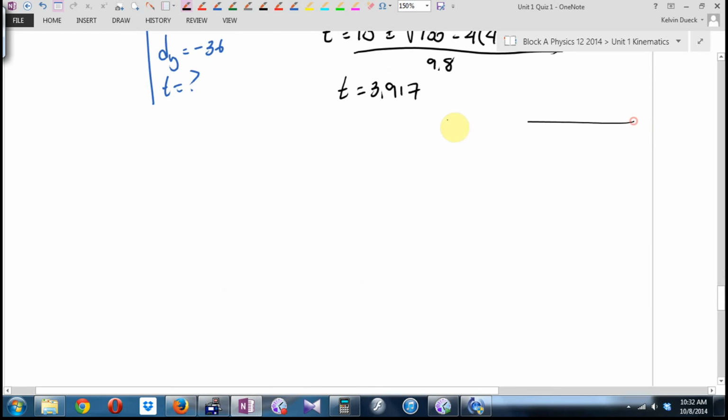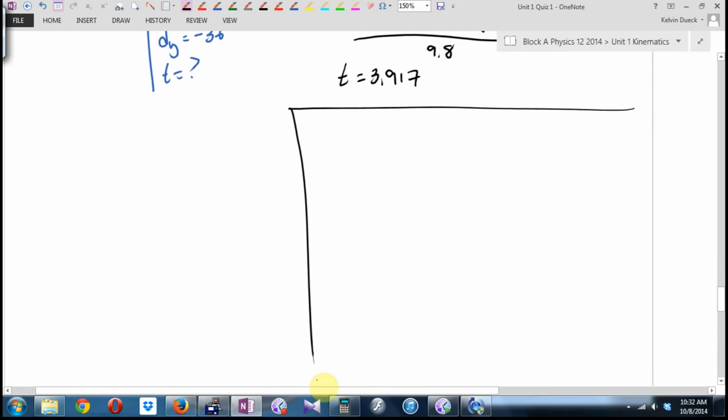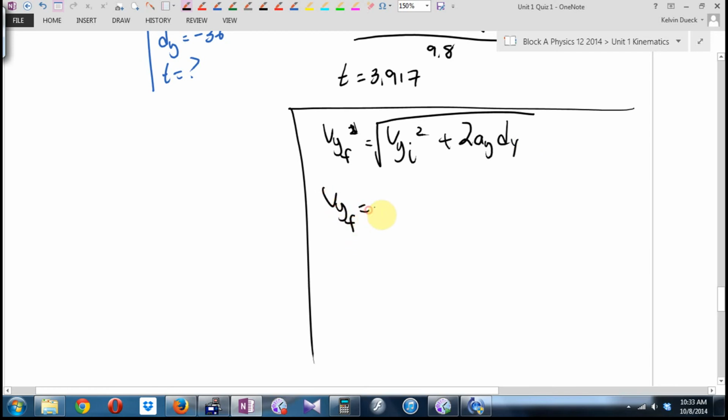What if you use the VF method? Okay, you would go like this. Vy final squared equals Vy initial squared plus 2AD. You'd scribble out the squared, and you'd say, okay, Vy final is going to be the square root of 10 squared plus 2 times negative 9.8 times negative 36.